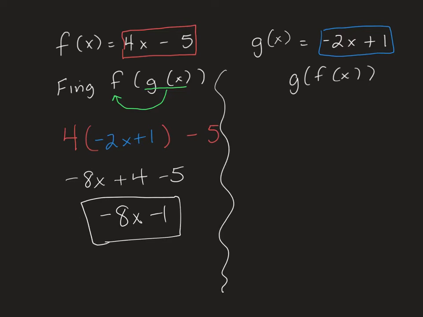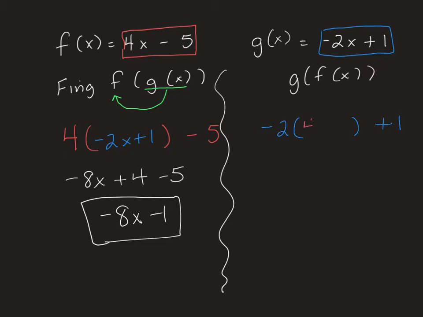Okay, so over here, this one asks take f and plug it into g. So again, if I'm looking at my g function, right there is where I would plug a number or a value in. So I'm going to take this whole f function and put it there. So again, I have negative 2 times something plus 1.